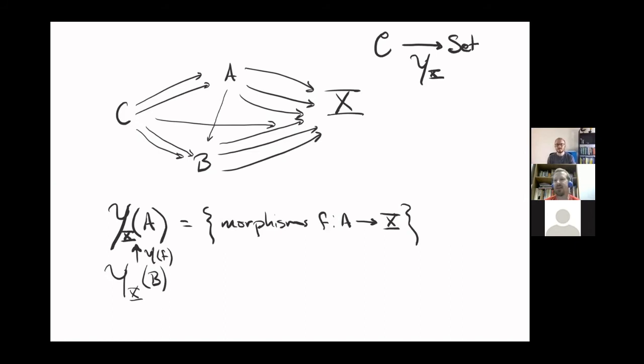If you're looking at an object in nature, you can look at it from different frames of reference, right?